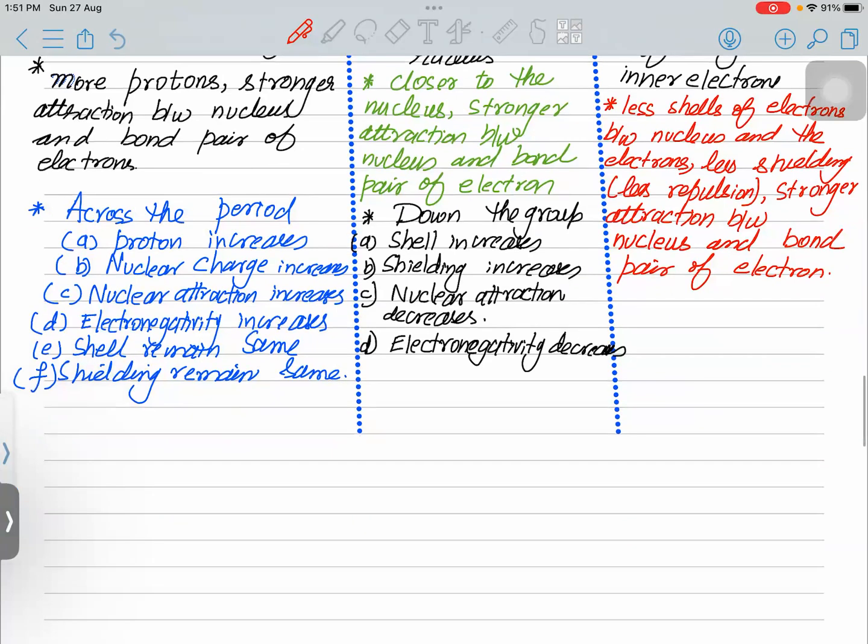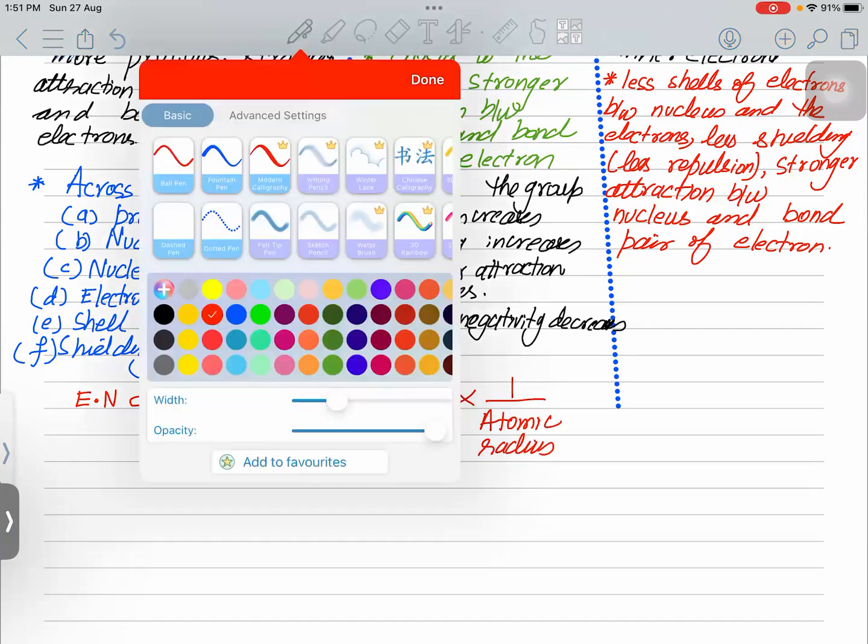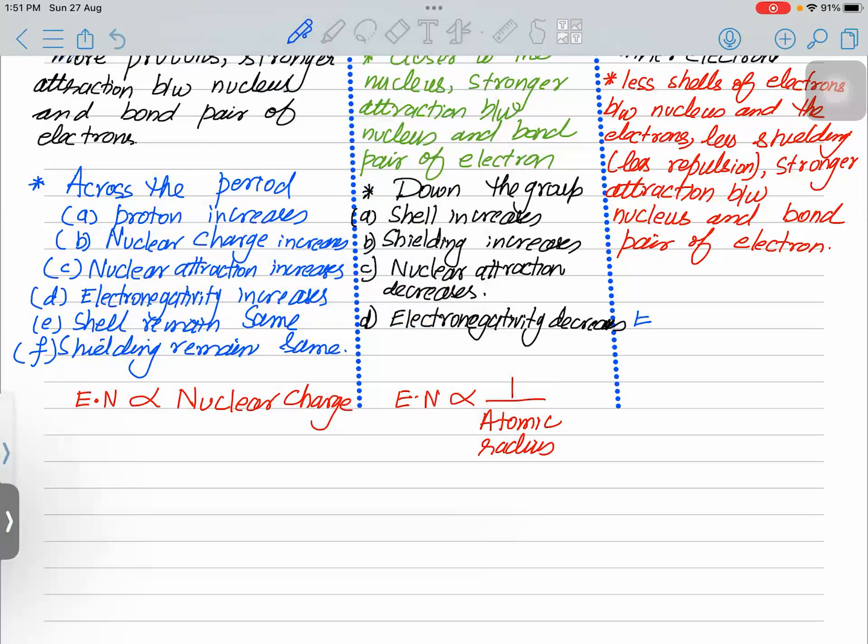It means electronegativity is directly proportional to nuclear charge. Electronegativity is inversely proportional to atomic radius. Similarly, electronegativity is inversely proportional to shielding, because as the shielding increases, electronegativity decreases.